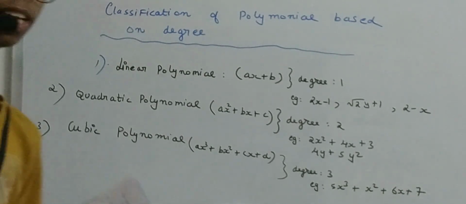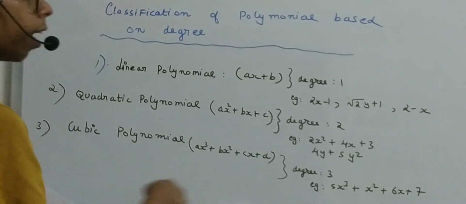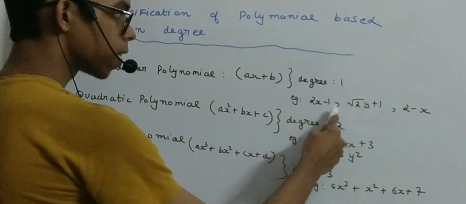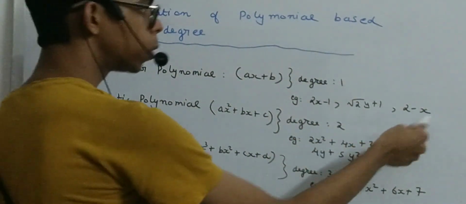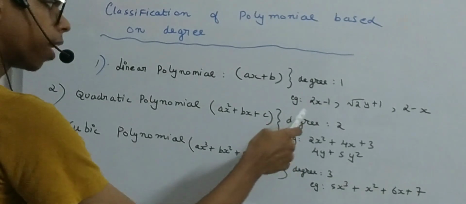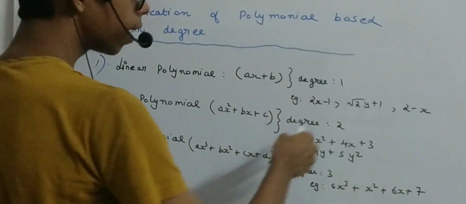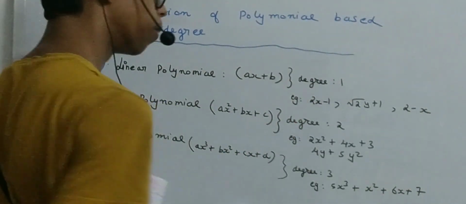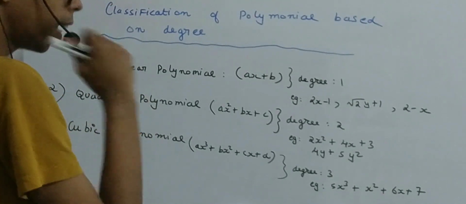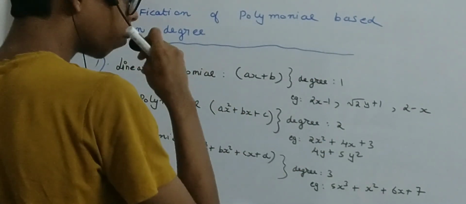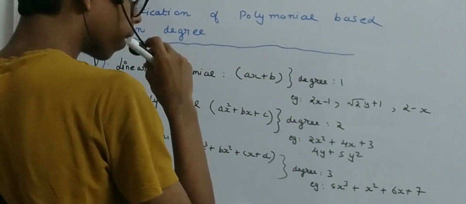We know degree means the highest power of the polynomial. The examples are 2x minus 1, root 2y plus 1, 2 minus x. Just see 2x minus 1. Here the power of each variable is 1, which means the degree of each of these polynomials is 1.